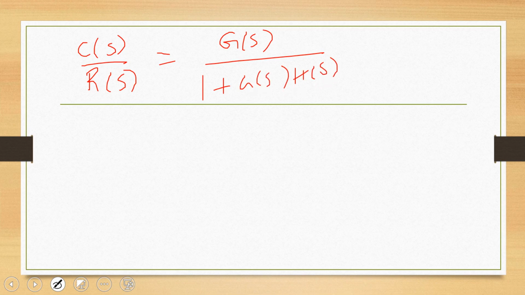And do remember, our G of S is not just simply omega n square by S square plus 2 zeta omega n S. It is along with the controller.